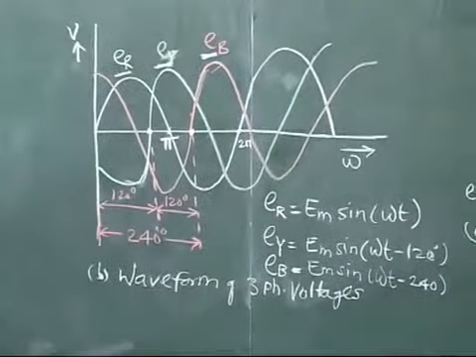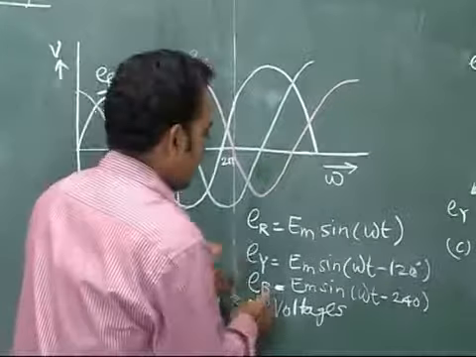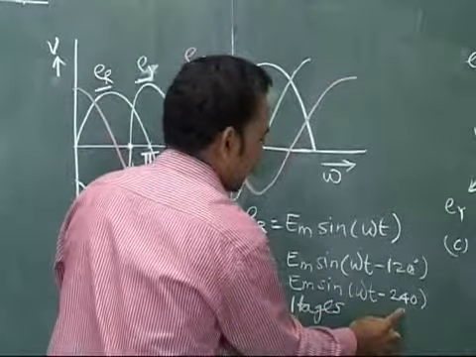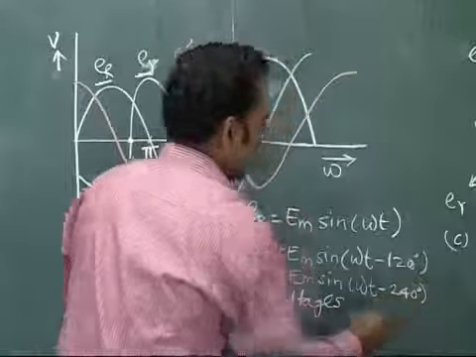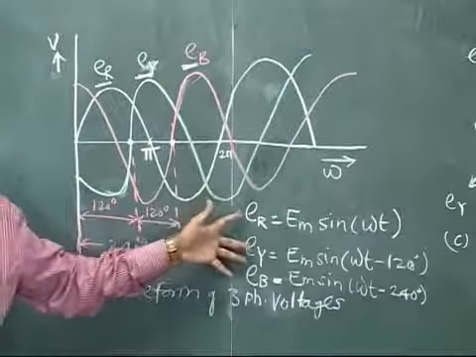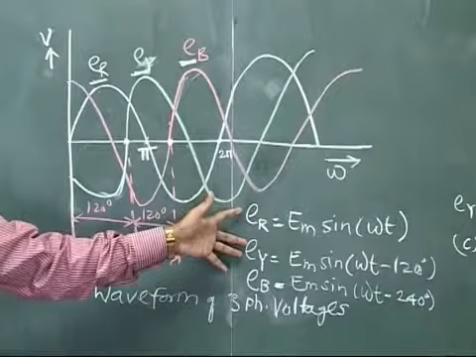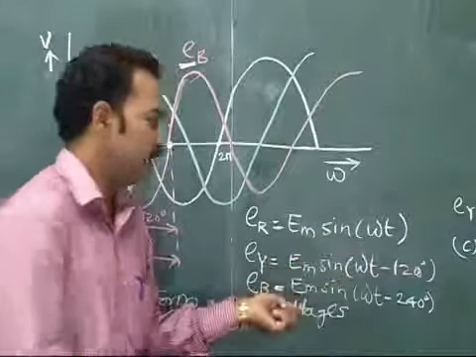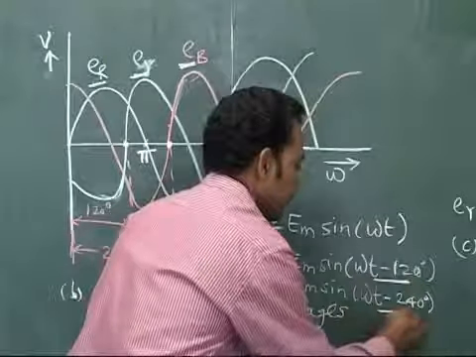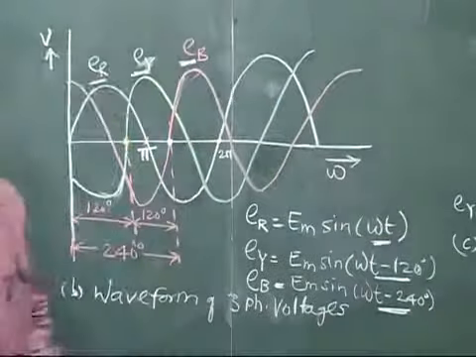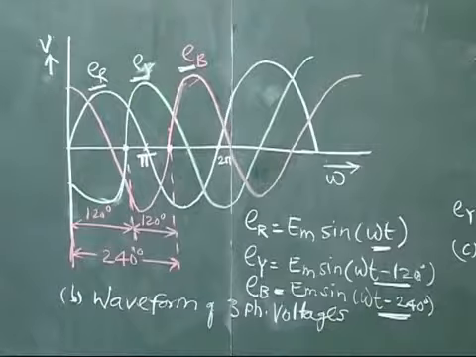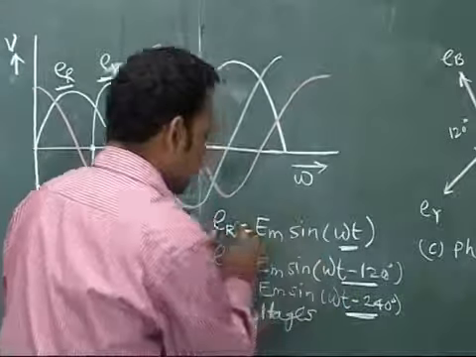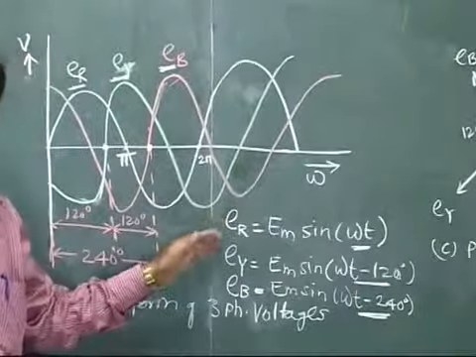That means with reference to R, the voltage in B will be lagging behind the voltage in R by 240 degree. So these are the voltages induced in the coils R, Y and B, represented by these equations, and the phase difference between R, Y and B is 120 degree.